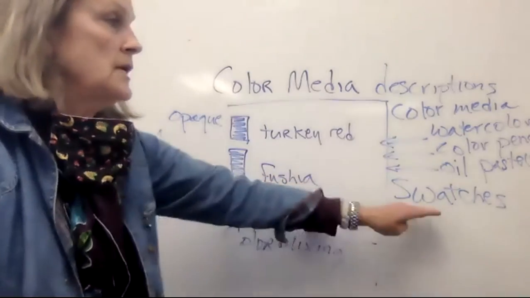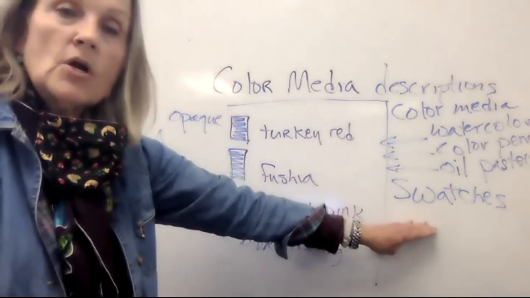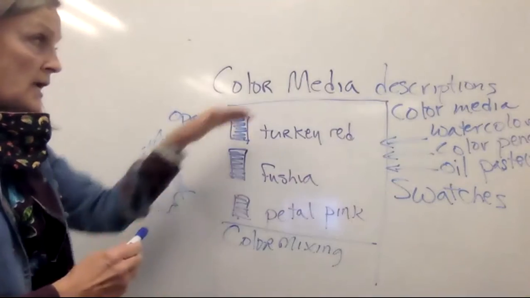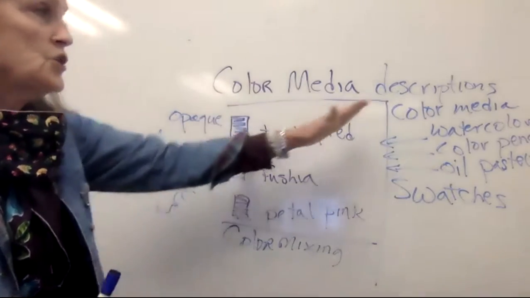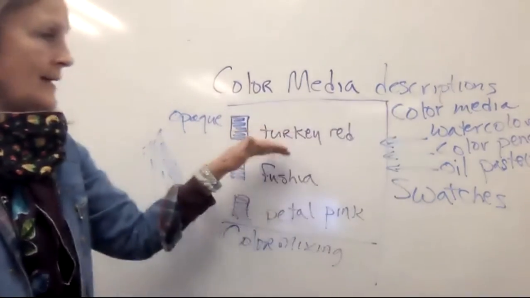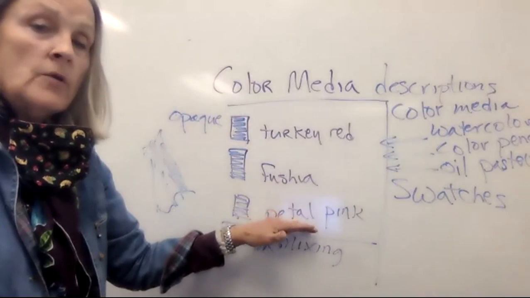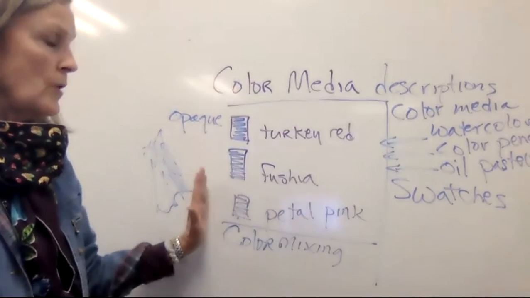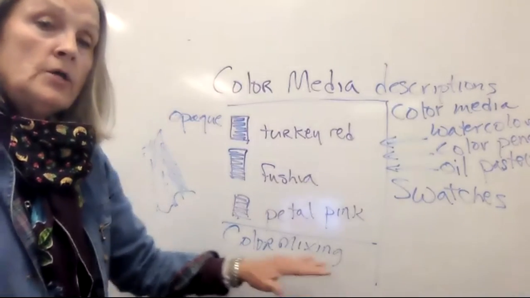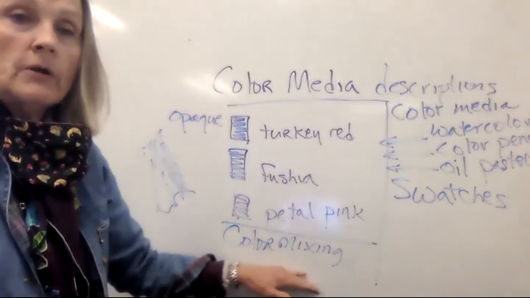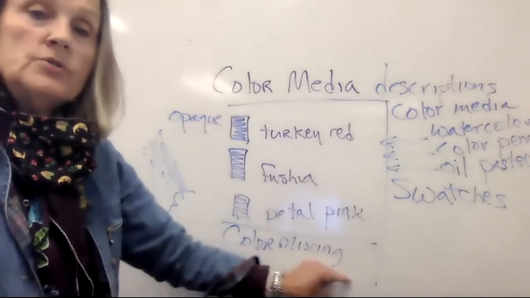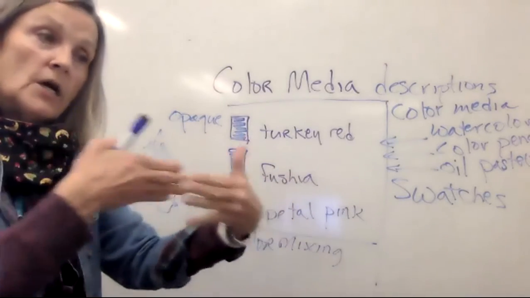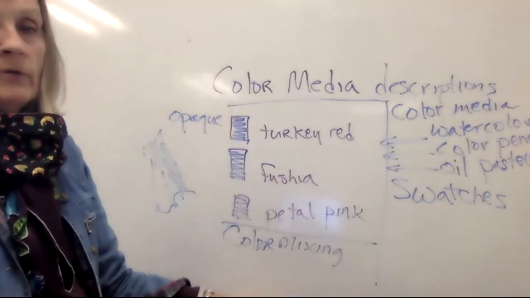Or are you doing something that has a light and dark quality? Does it have a pinstripe? What does it have to it? So this page that we worked on, where you have each one of your color media sampled on your page with water or some other way to move the color around, and then you color mixed to either the secondary or the tertiary colors, and you did your values, light to dark, and cross-referencing to your complementary color, extremely important.